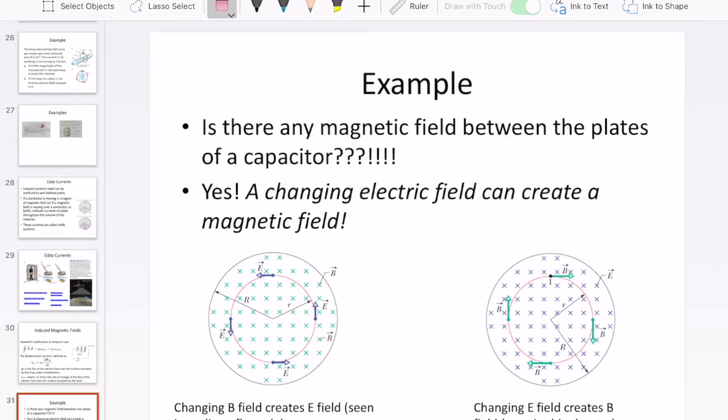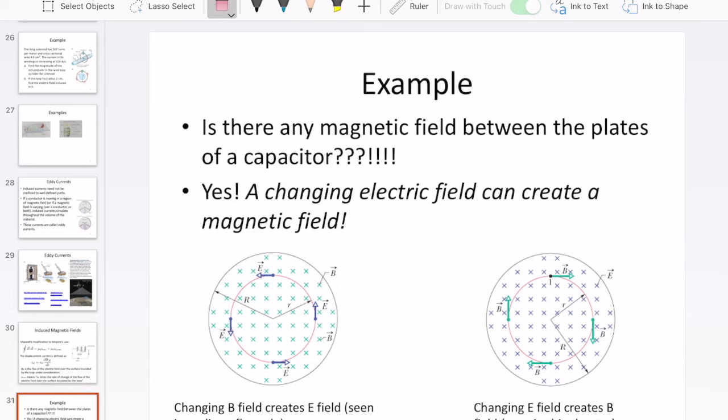So if you have a capacitor which is being charged by a current that's increasing, then as the current is increasing, the charge on the capacitor plates is increasing, the electric field between the capacitor plates will keep getting stronger, and so that changing electric field will produce a magnetic field in between the plates of the capacitor. And you can measure, if you put a little compass in between the plates of the capacitor, you'll see that there is a magnetic field. And this magnetic field is produced strictly by the fluctuating electric fields.